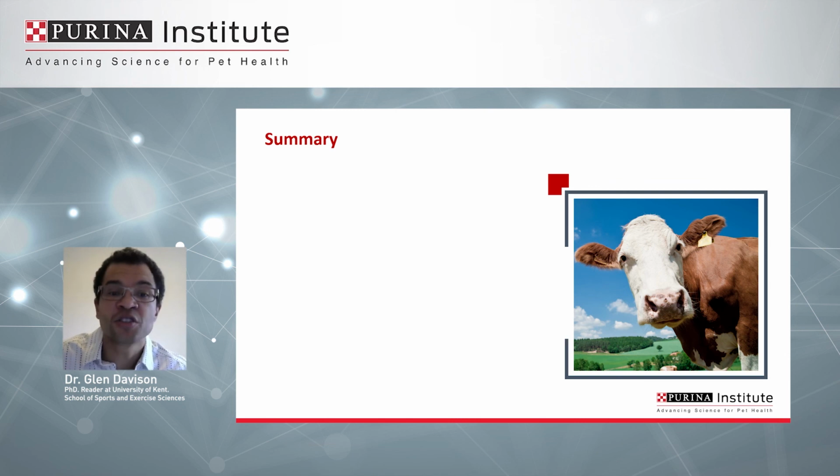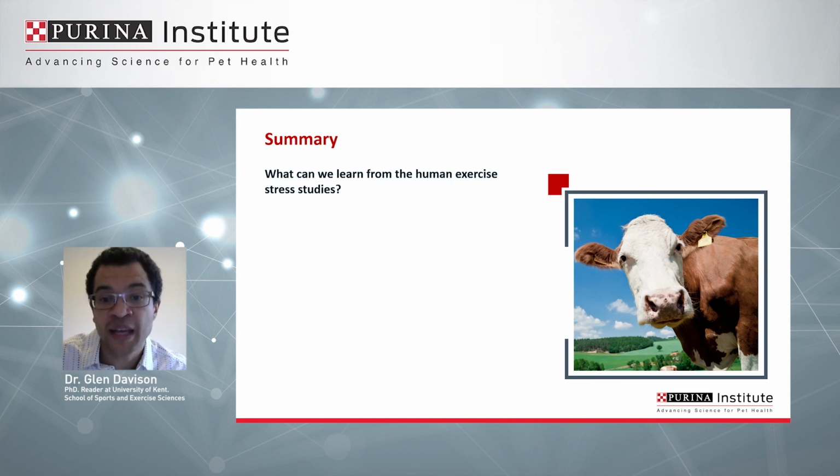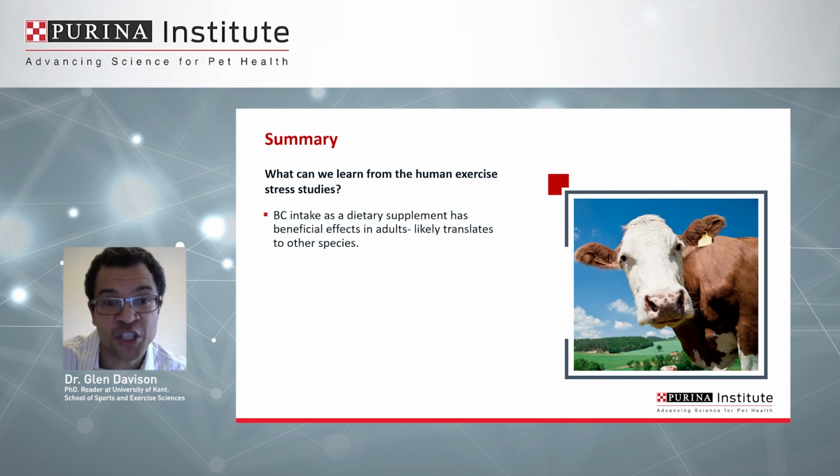Okay then, so to summarize, I've shown you some studies there using the chronic and acute human exercise stress models. And hopefully you've understood that there is some potential value and potential translation that we can take from these and apply across species to many clinical situations.